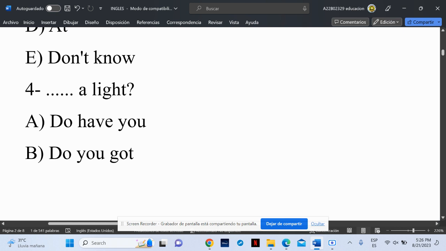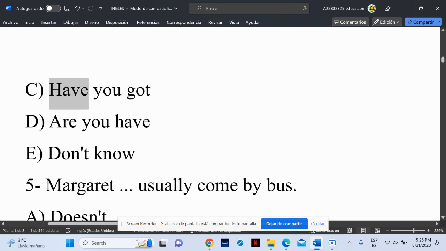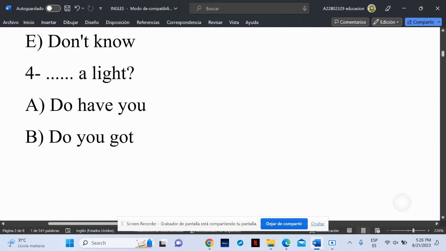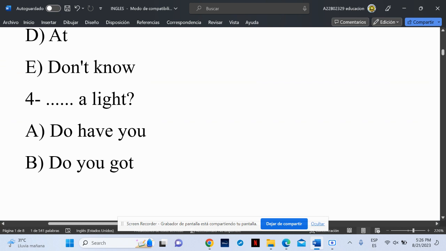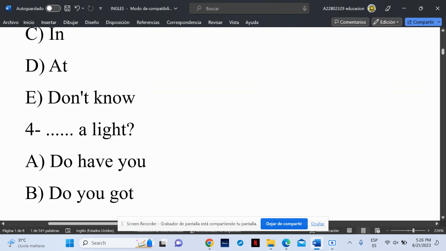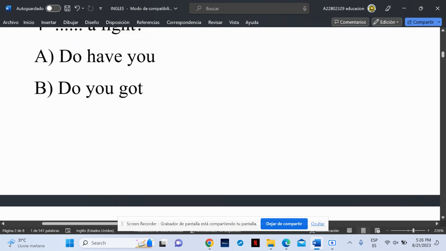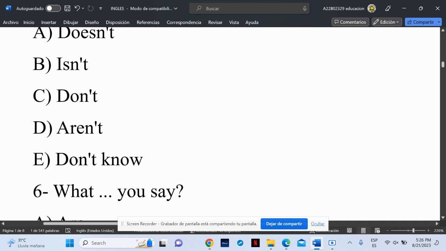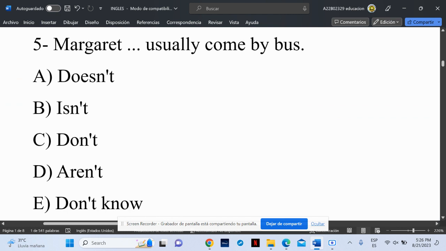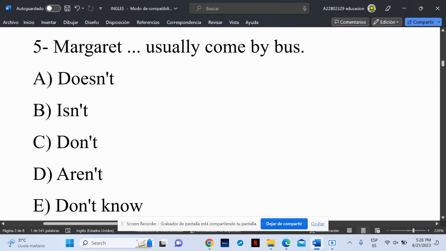For example, if I ask you like this, are you have? That's an incorrect expression. And the correct expression will be the letter C, have you got a light? That's the correct word. And the next one, the letter 5, says, Margaret usually come by bus.